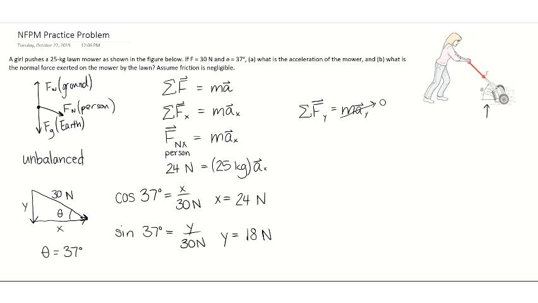I divide that by that 25 kilograms. I get about 0.96 meters per second squared. We also need a direction with that. And since she's pushing it to the right, the direction of that acceleration would be to the right.